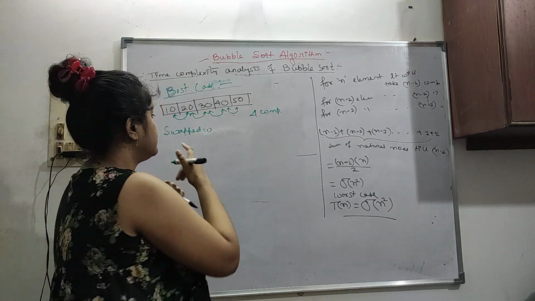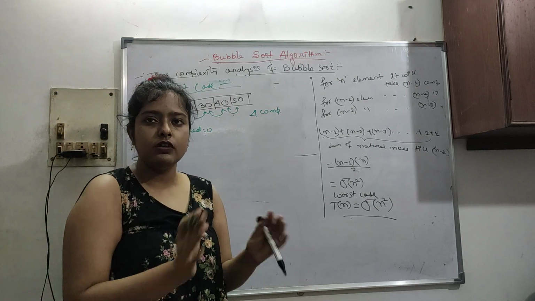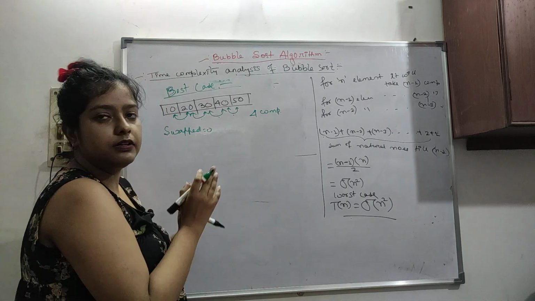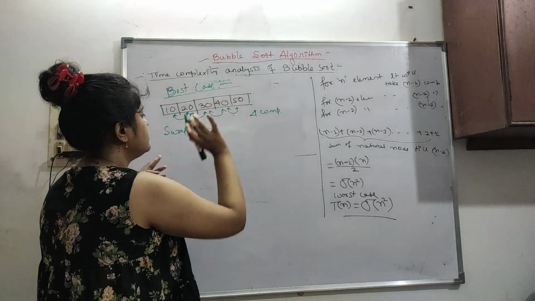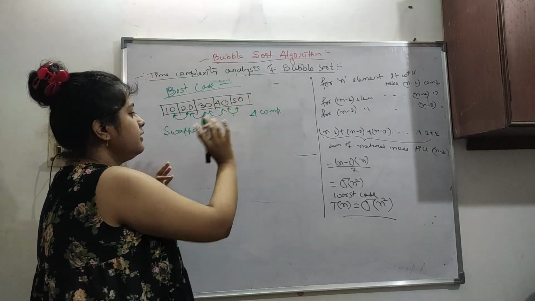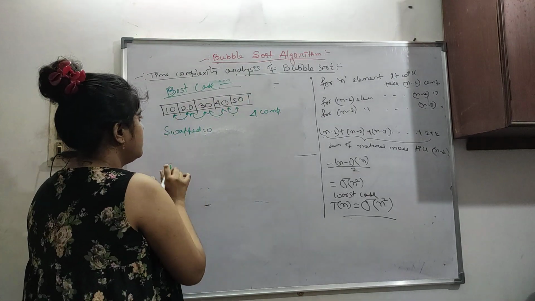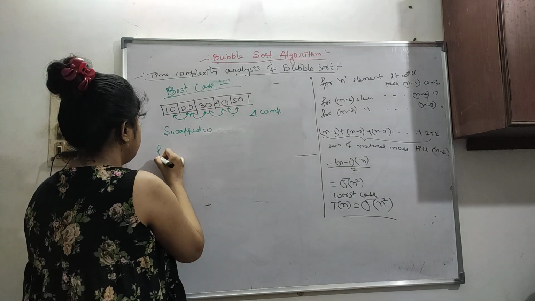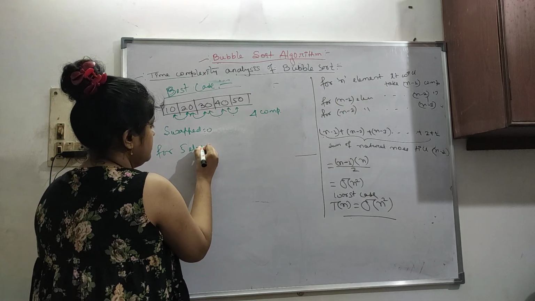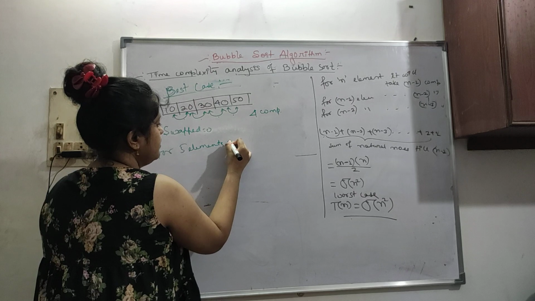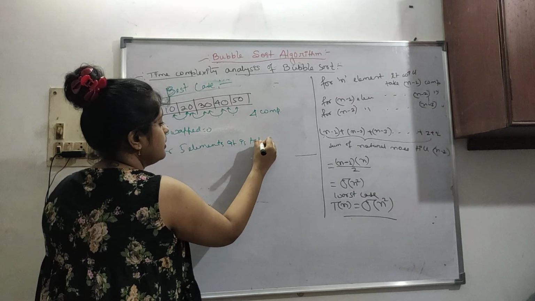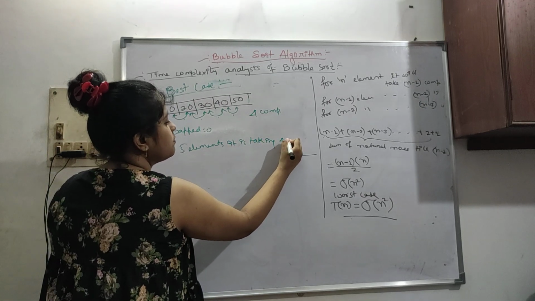If swap is not changing, we won't go to the second part of the for loop. We just get outside, and it is telling us that the array is already sorted. So for 5 elements, it is taking 4 comparisons.